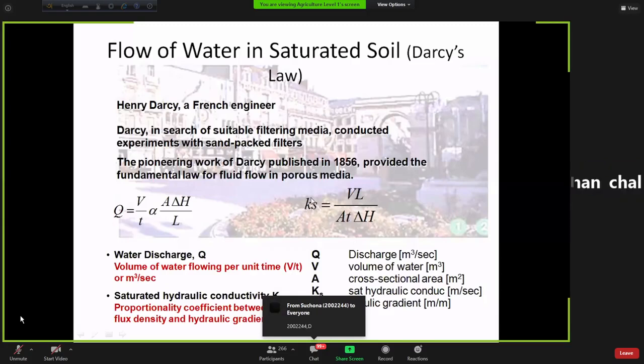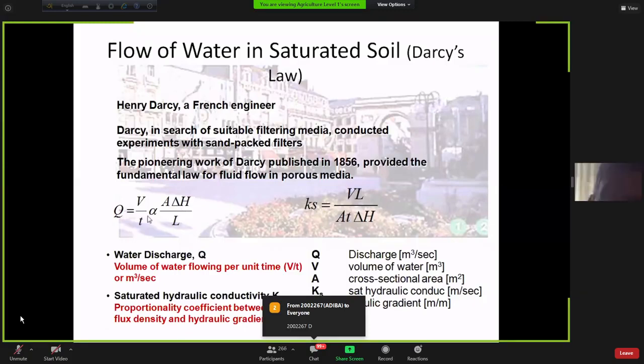So we call this the proportionality coefficient. Then we can write V by t equals Ks into A into delta H divided by L. That means if we convert it, Ks equals VL divided by A t delta H. Can we derive this equation from this? Yes, sir. Very simple.